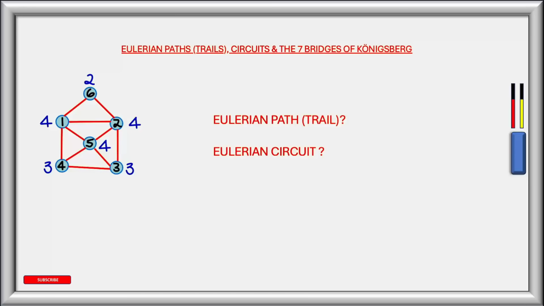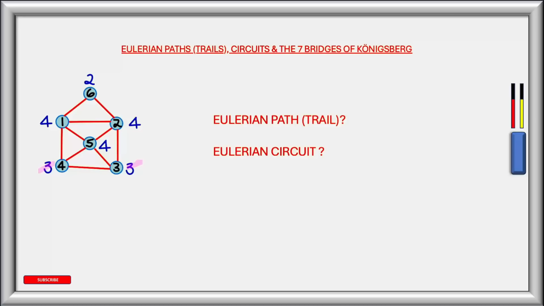And the degree of vertex 6 is 2, as it has 2 edges. So we have 2 vertices, vertex 4 and vertex 3, with odd degrees, so 3 and 3. All the other vertices have even degrees. So in an Eulerian path or trail, we're allowed 2 vertices with an odd number of degrees.